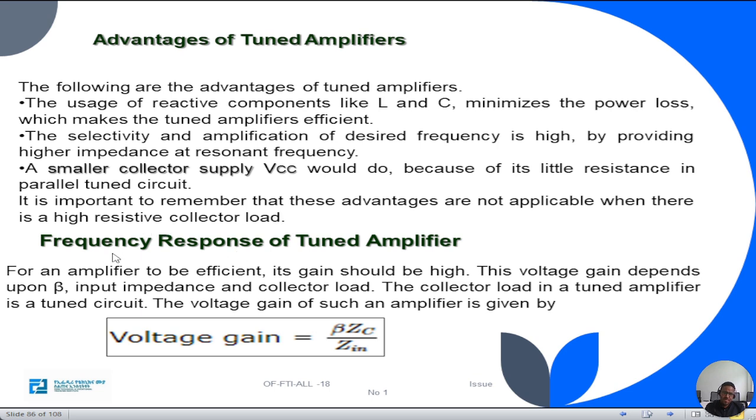Another parameter of the tuned amplifier is the frequency response of the tuning circuit. The voltage gain becomes beta ZC over Zin.